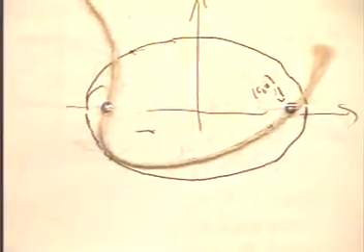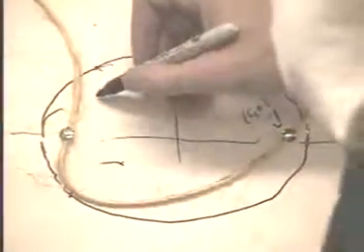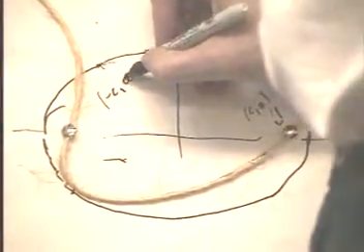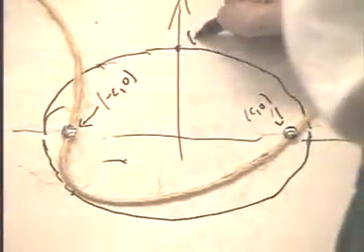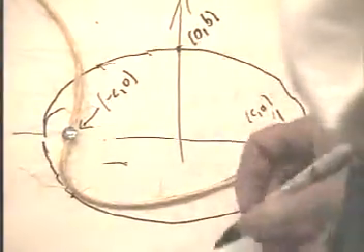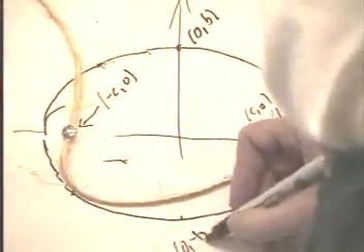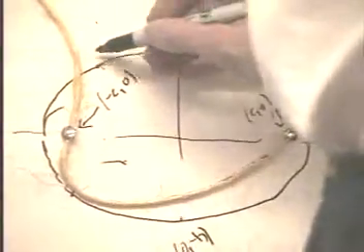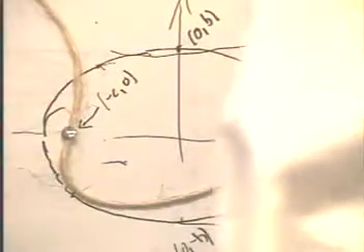Let's zoom in on that a little bit so you can maybe read it. This point will be (-c, 0). This point will be (0, b). This point down here, of course, will be (0, -b). And this ellipse will be contained inside the box that we've indicated.